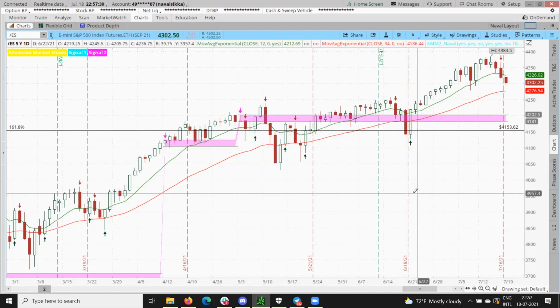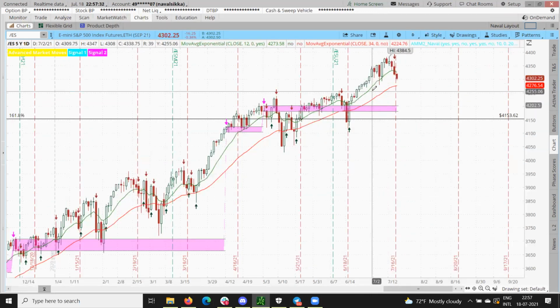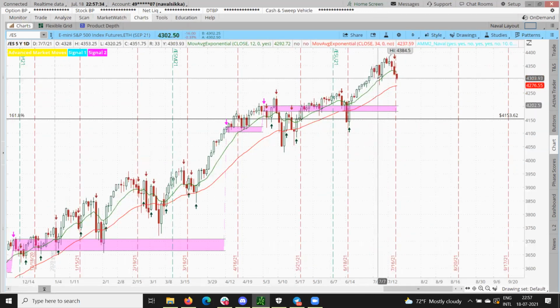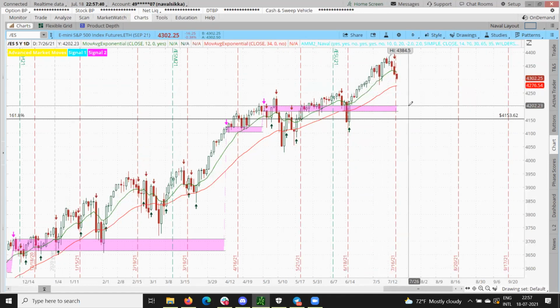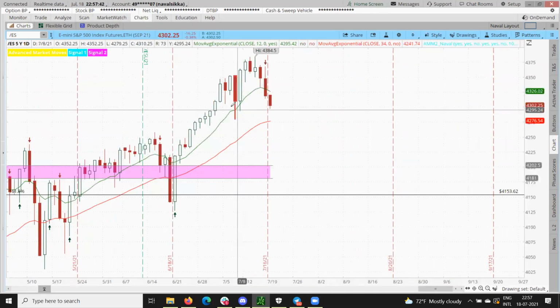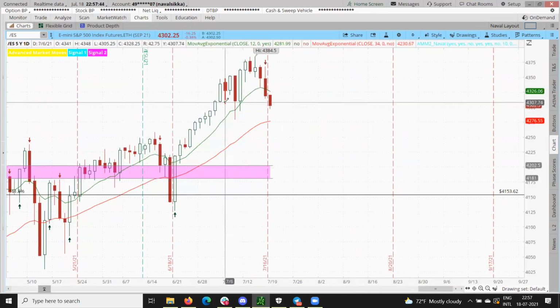Second thing which I keep a note on is whenever these candles come down, what exactly or what level they come and stop. And look at the close, not the intraday lows, right there. You see here, these are almost the same level, 4308, 4309. One time, two time, three time.